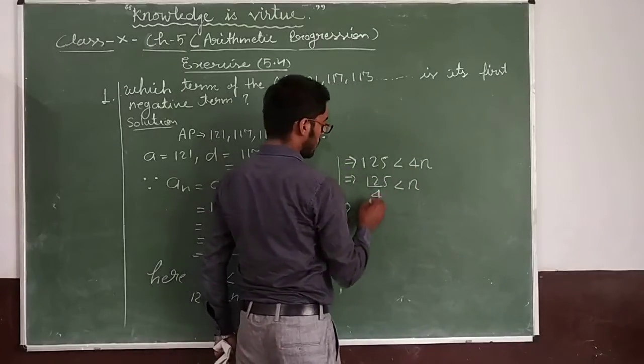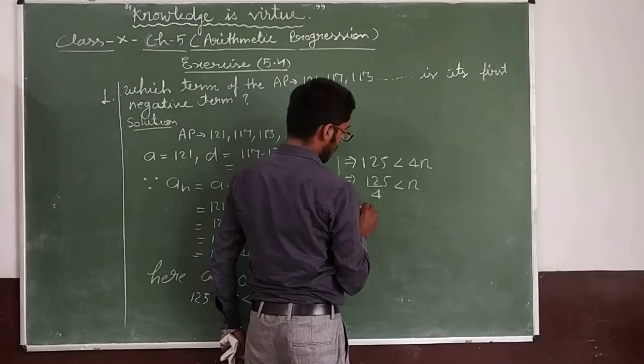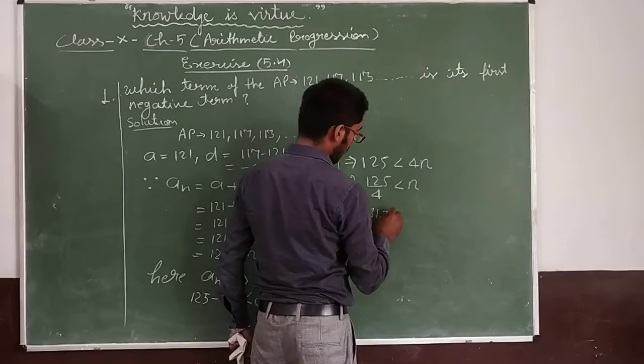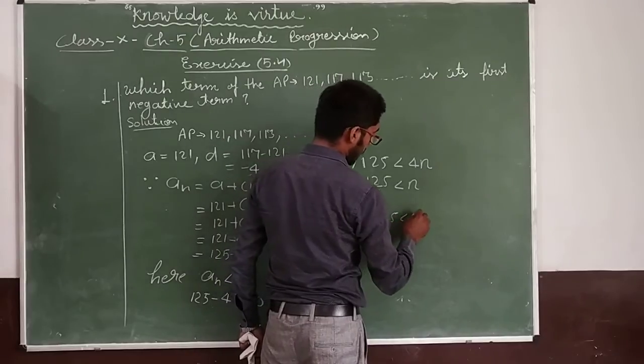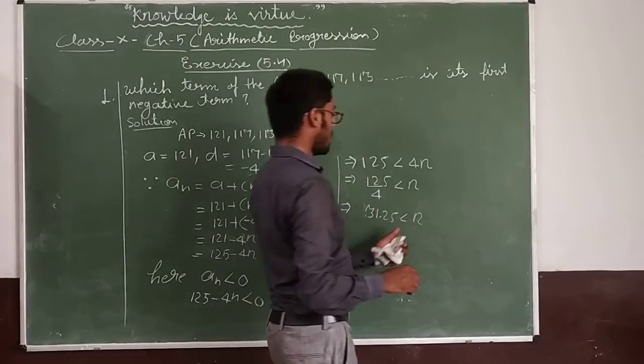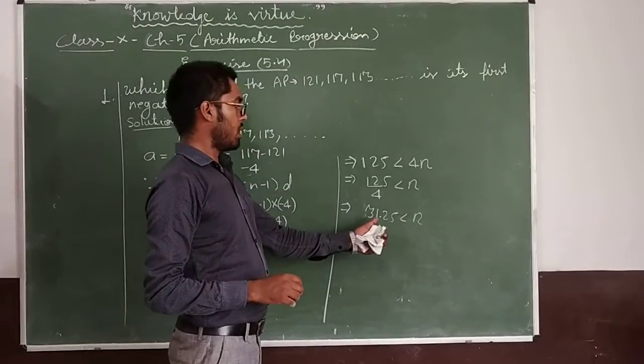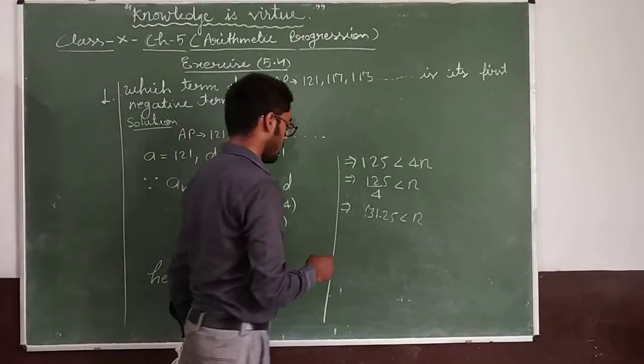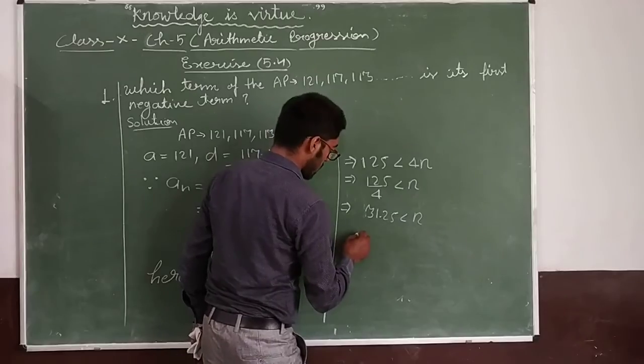When you divide, 4 threes are 12, 4 ones are 4, 4 twos are 8, so 4 into 31 and so on, it means the value of n is approximately 32.